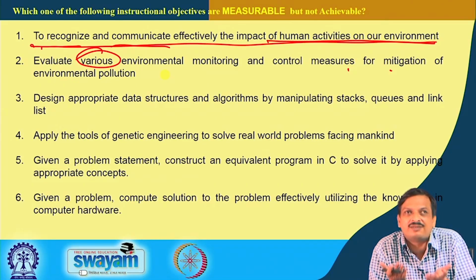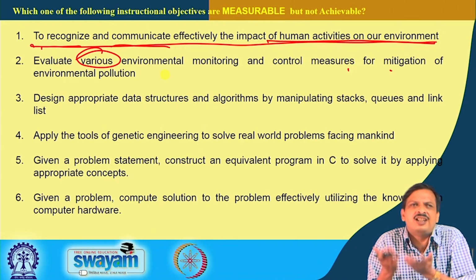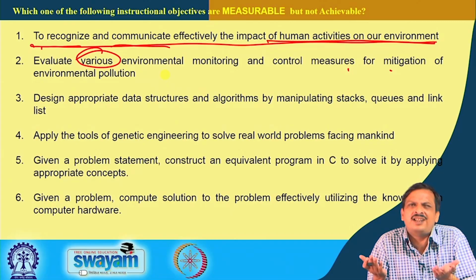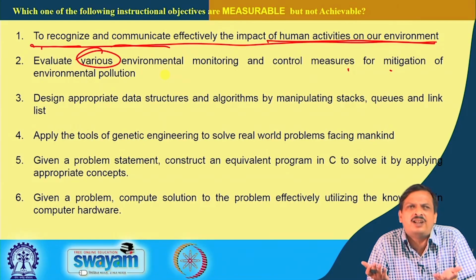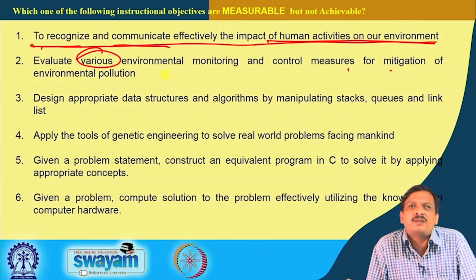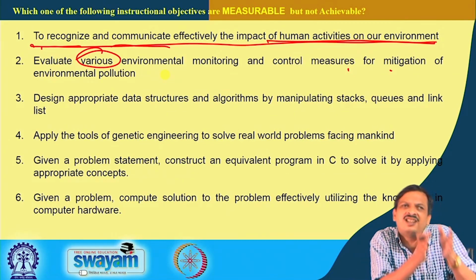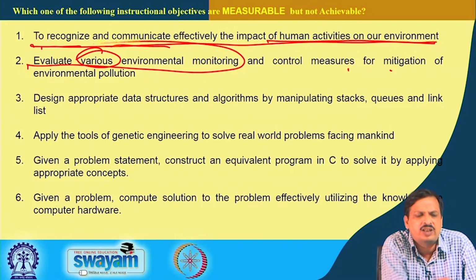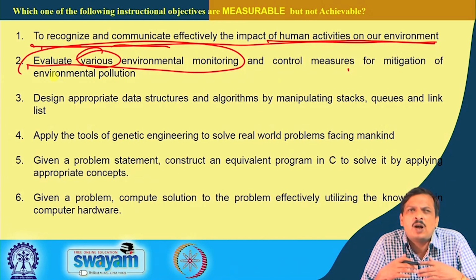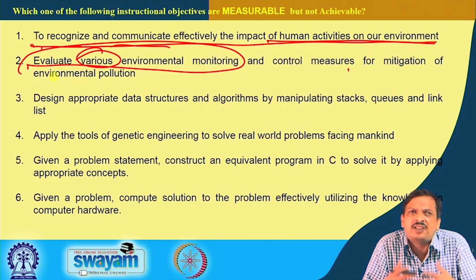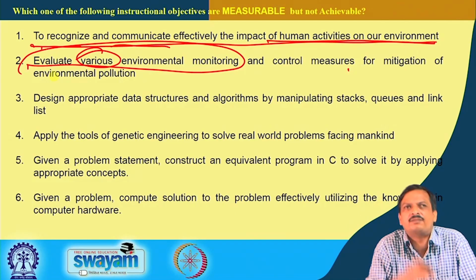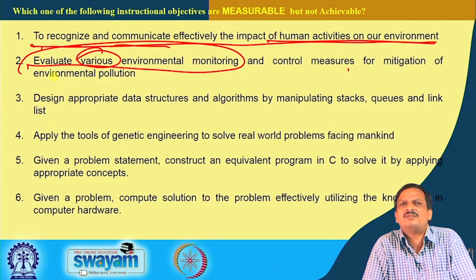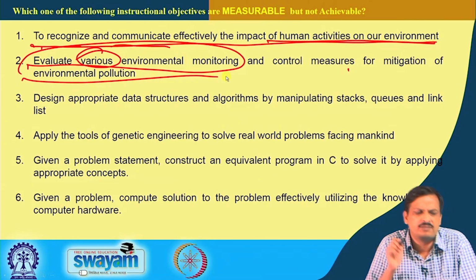So, this is the syllabus. It depends on the teachers. A teacher may want 2 classes on filter design, a teacher can take 10 classes on filter design, a teacher can take the entire semester on filter design. But how much filter design is sufficient is not mentioned. So, evaluate various environmental monitoring: how complex is the evaluation that is sufficient for that level of learner? It is not mentioned. So, that is not achievable.